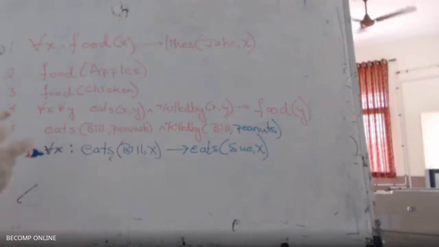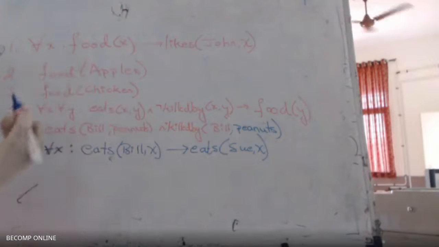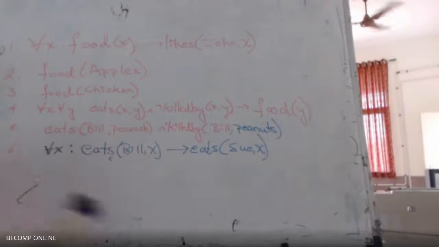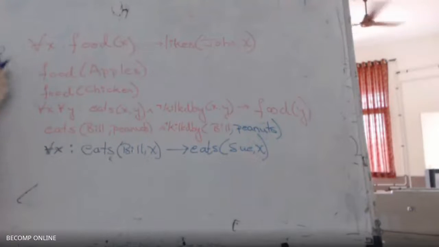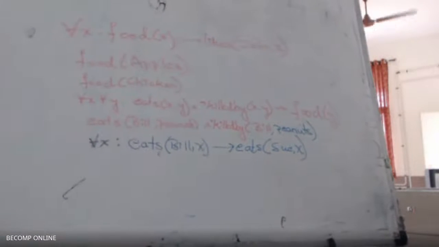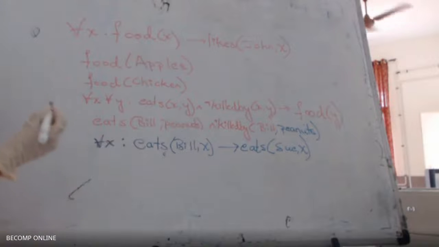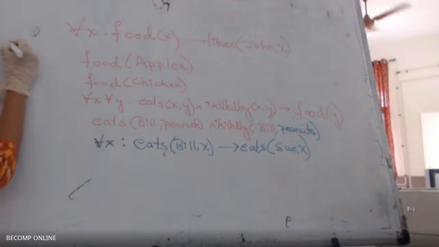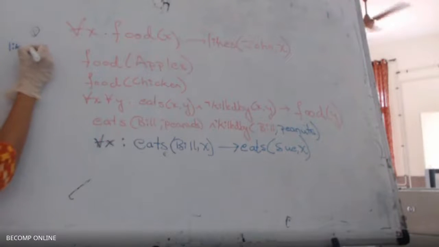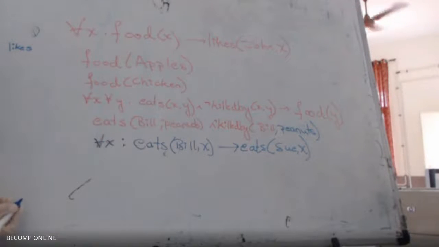Now, I don't want to rub the board actually. What I will do, I will rub this numbering. We already know there are 6 facts, and I'll shift the board slightly so that you will be able to see the edge of the board also. So what have we been asked to prove? John likes peanuts. So how will I write this? Is this visible, all of you?